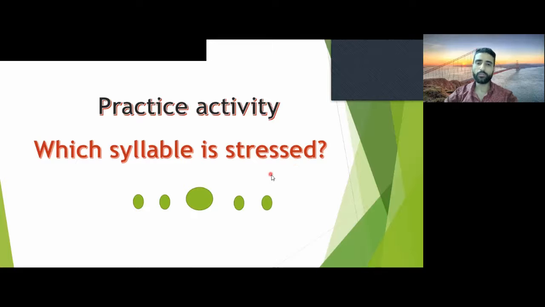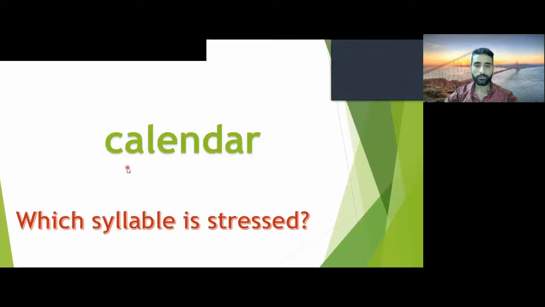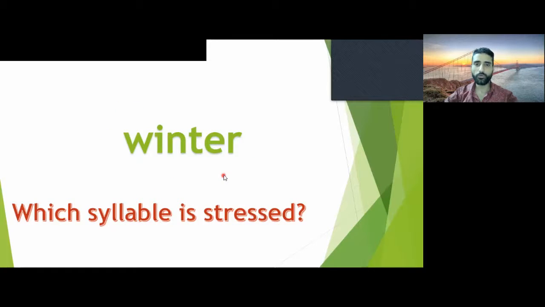Okay, now we have a practice activity. Which syllable is stressed? Can you say the word and tell me which syllable is stressed? Excellent. The first syllable, calendar. The second one, can you say the word and tell me which syllable is stressed? Very good.